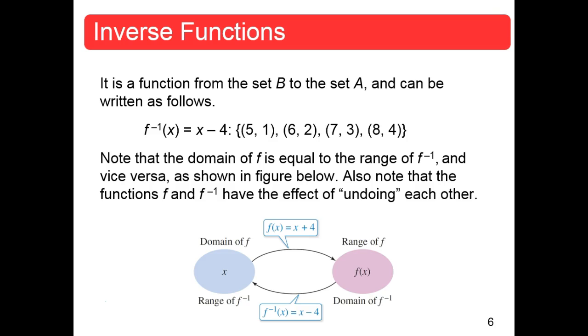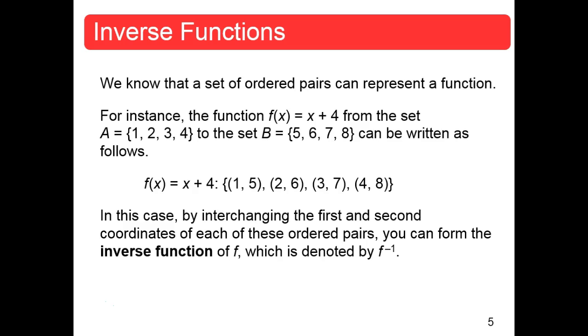Okay. Now, this starts, it is a function. What is a function? All right. We know that a set of ordered pairs is a way of expressing a function, and we talked about what the inverse function would be, the one that undoes this one.